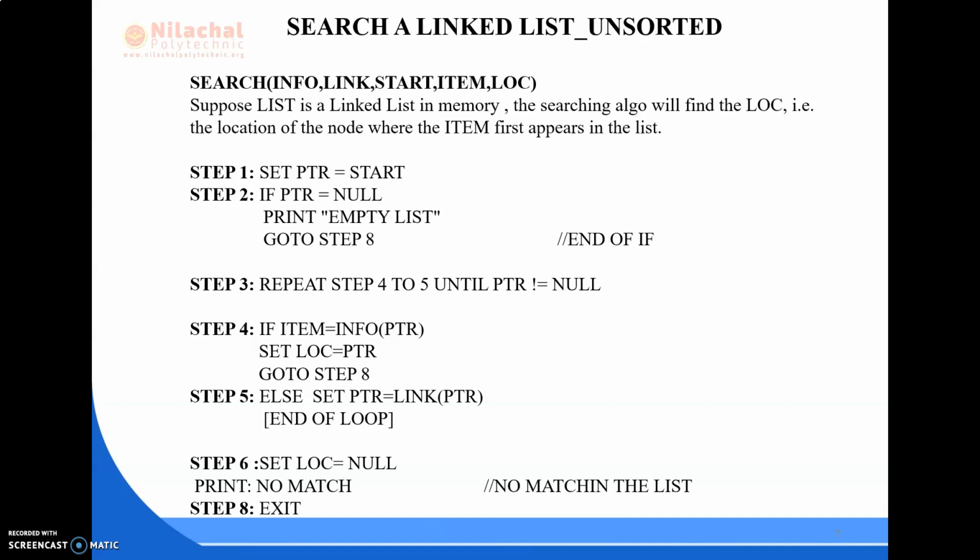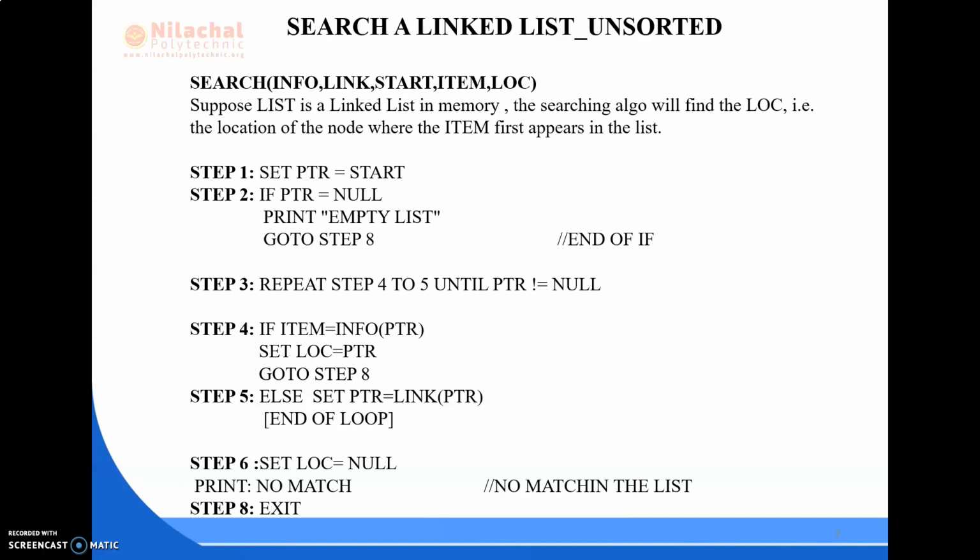Else, if the item is not equal to the info part, then we will increment the PTR so that we can search next. That is, we will set PTR equal to link PTR as we were traversing. At any point, if item equals info PTR, then the PTR will be set as the location. If not, then we will update the link.